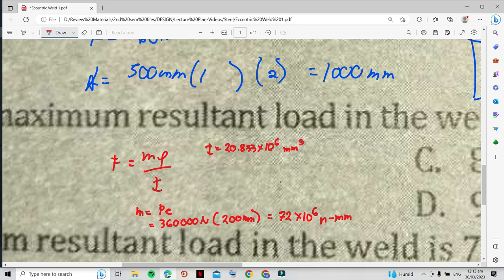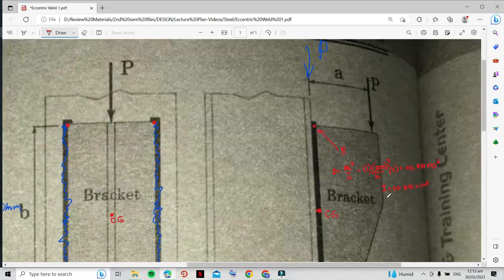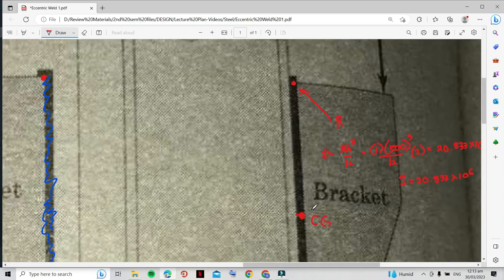Rho is the distance from the center of gravity to the farthest point of the weld.